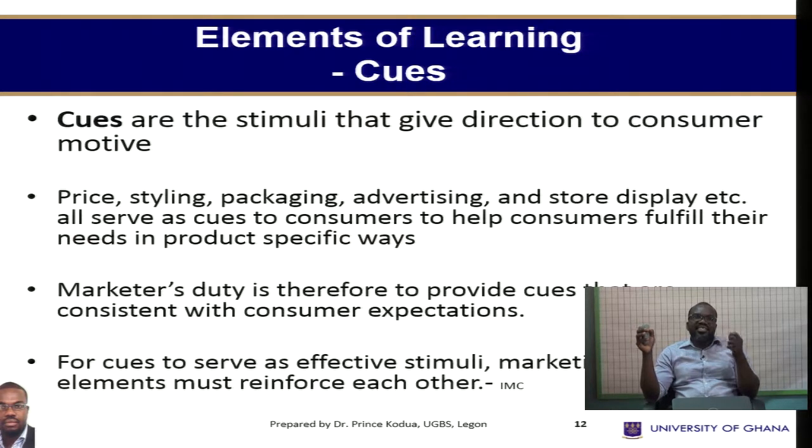The marketer's duty in this scenario, therefore, is to provide cues that are consistent with consumers' expectations. Different cues may mean different things to different segments. That is why marketers need to understand the nature of the market segment being targeted and provide the relevant cues to drive the actions towards need satisfaction.